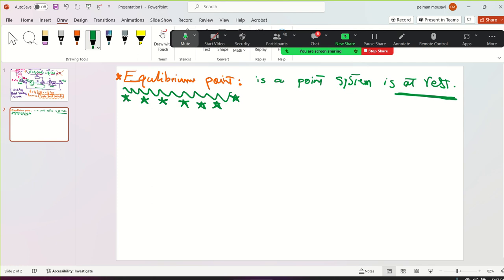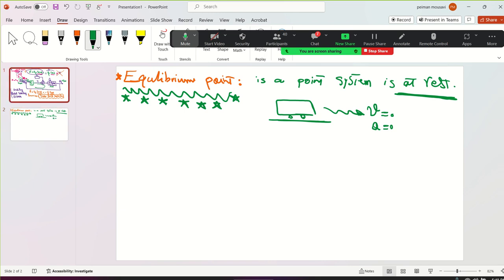You park your car. What of your car is zero in the dynamics course? When your car is parked here, position, no. Yes, its velocity is zero. When you have no velocity, its acceleration is zero.